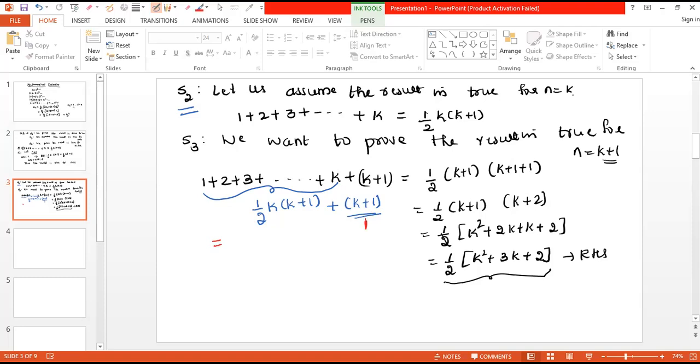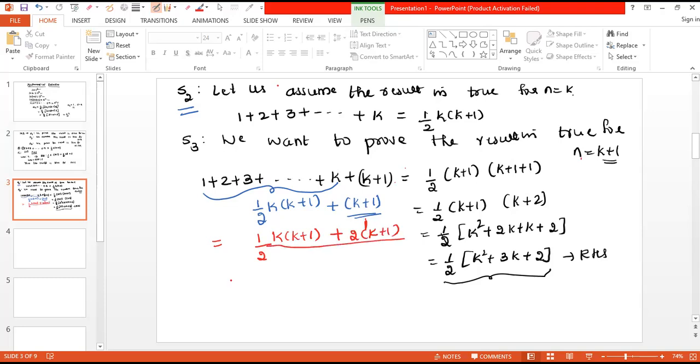So I can write this as 1 by 2 times k into k plus 1 plus 2 times k plus 1, because the LCM is 2.